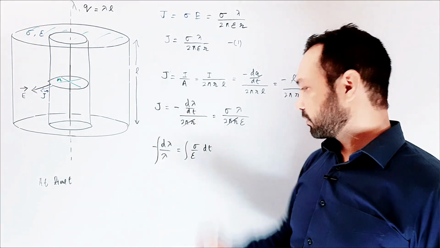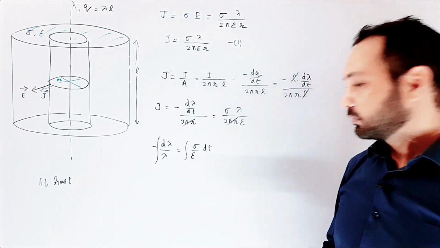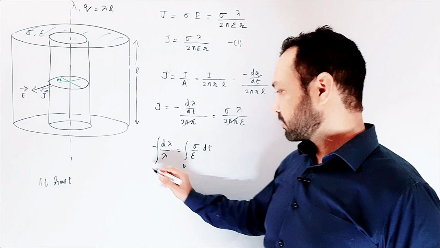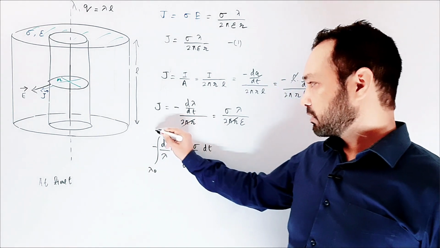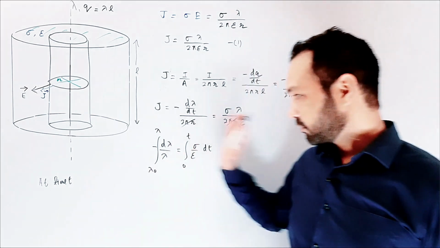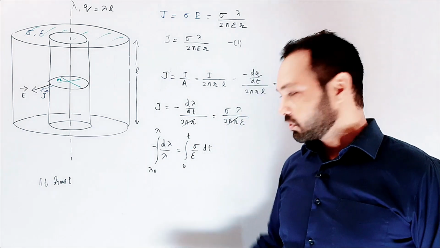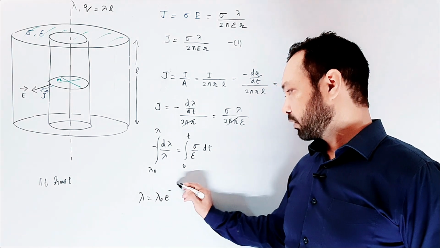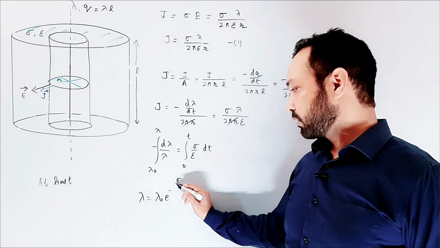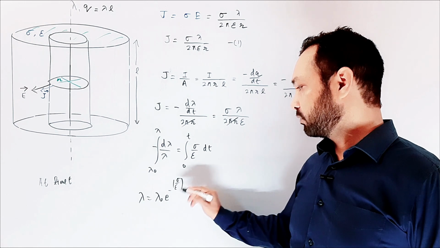So initially, suppose at t is equal to 0 the charge density was lambda naught, and now at time t the charge density has become, say, lambda, and this simple integration will give me lambda is equal to lambda naught e power minus sigma by epsilon into t.